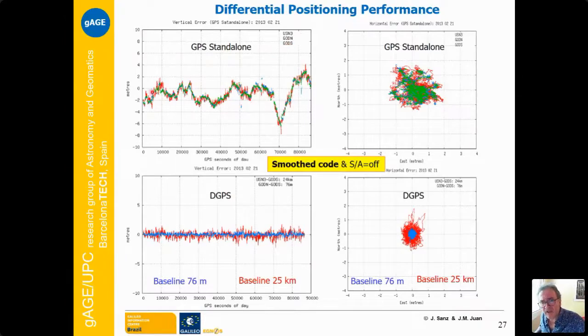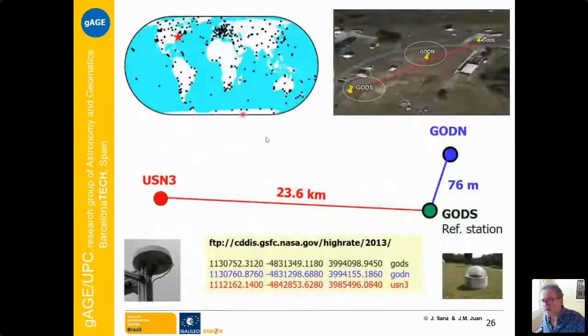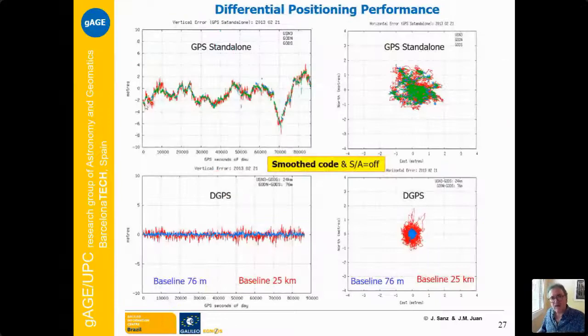Here we have the 3 receivers: in green, the reference station that we will take, the receiver in blue, and the receiver in red. Here we have the standalone, autonomous solution for each one of the receivers. As you can see, solutions are very similar. This is the vertical error, the vertical component.